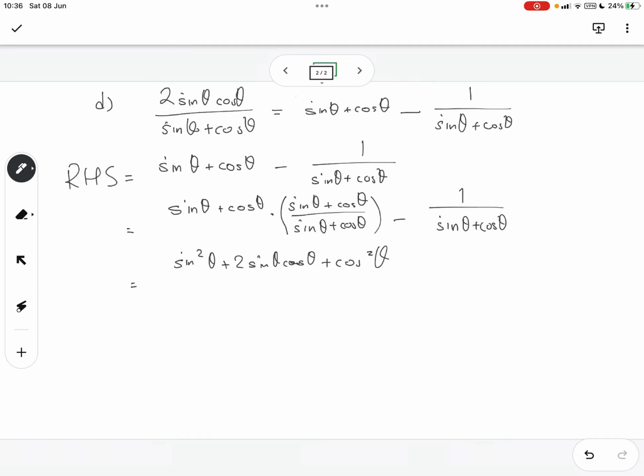Okay, so this becomes sine squared theta plus 2 sine theta cos theta plus cos squared theta, and this is over sine theta plus cos theta, minus 1 over sine theta plus cos theta.